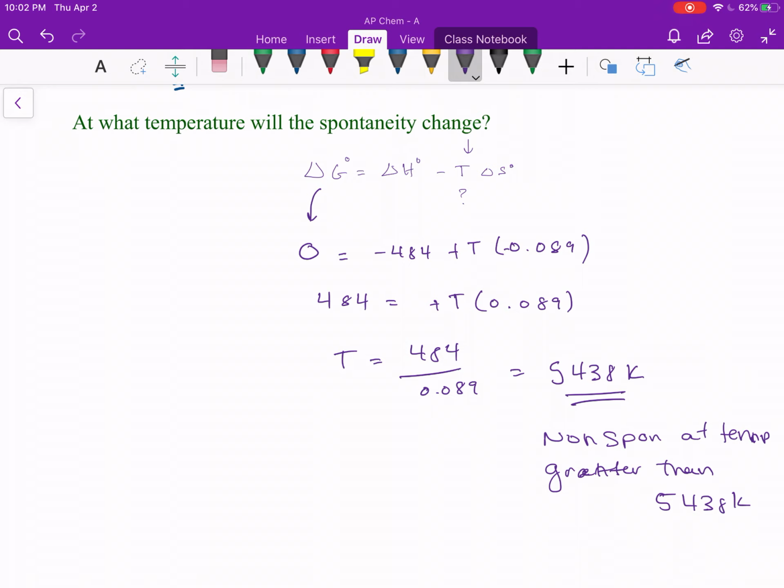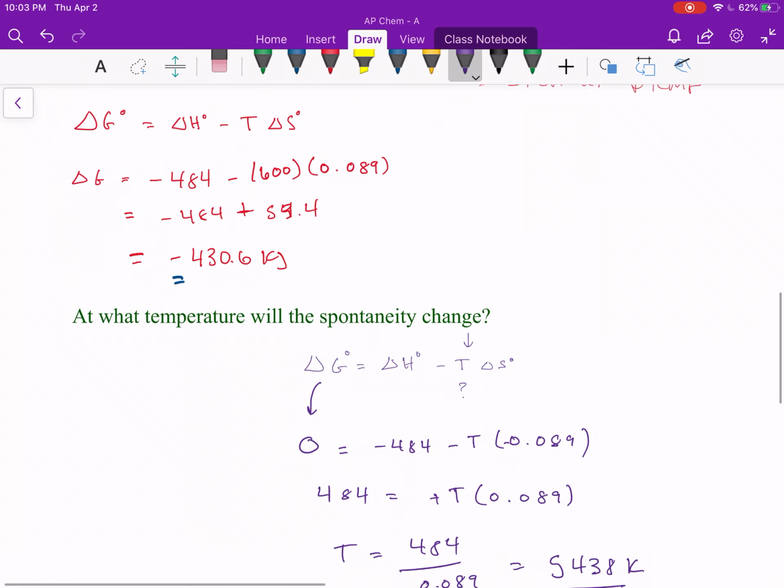All right, and so this is when we would see it going to equilibrium, and we would see the shift from a negative delta G to a positive delta G at that particular temperature. Okay, and so I want to correct this because I was getting a little bit crazy. So that's what it should actually look like. And so if we do that, then we're going to get that positive sign there because those two things will give us a positive. All right, so hopefully that made sense.